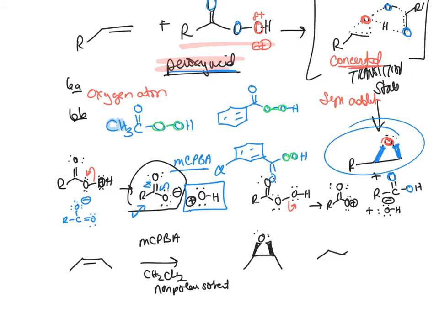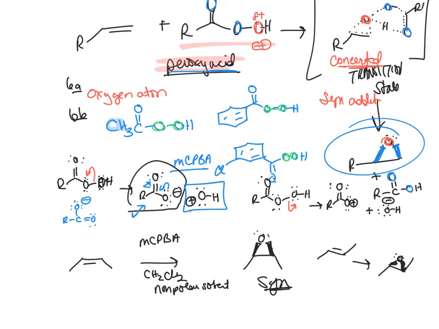If you have trans alkene, then you're going to get trans. Of course, you can draw this differently, but you'll maintain your stereochemistry. And that's what it's going to show you here. So does the mechanism support syn or anti-addition? It's going to add to the same side, so it's going to be syn.